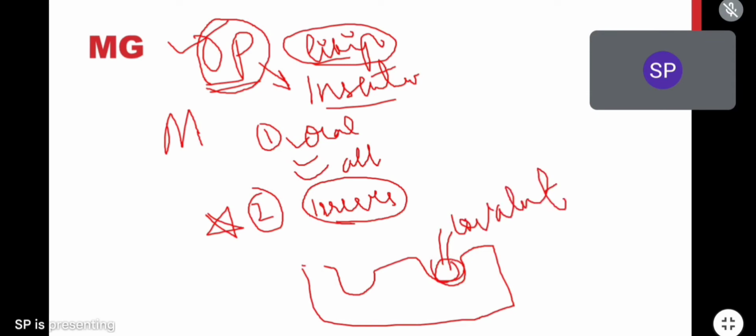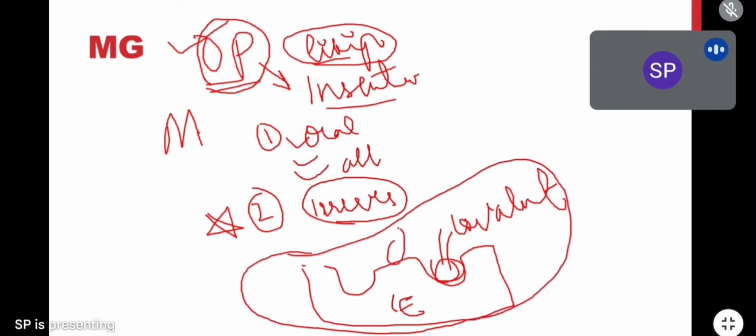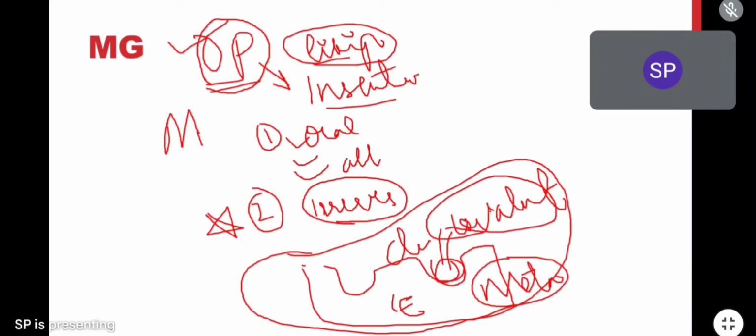Once the covalent bond is formed between the organophosphate compound and the acetylcholinesterase enzyme, the enzyme is totally deactivated. The organophosphate compound is not dissociated from the enzyme, so the total enzyme is metabolized along with the organophosphate compound. This is a very important point.